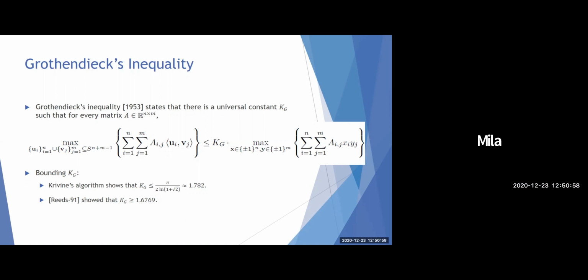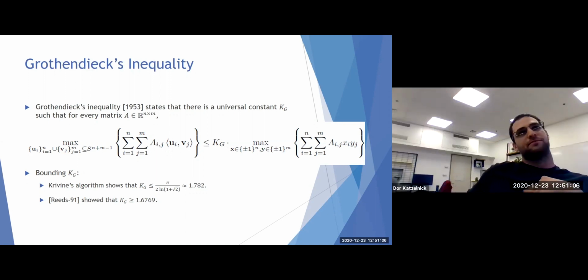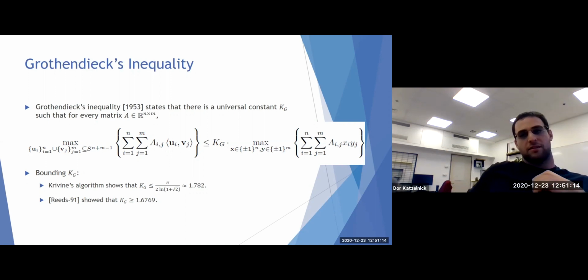So can you tell us what it was originally intended for, in what context he developed this? Yes, I think he developed this in the context of functional analysis and maybe topology, but I'm not entirely familiar with these fields, but I think that this is the relation.